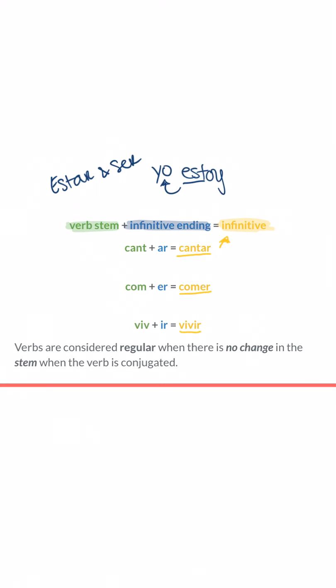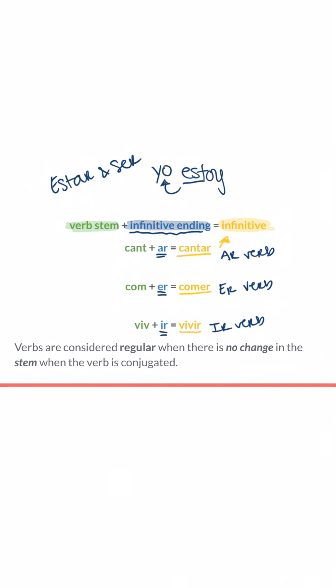The infinitive ending right here will always be the last two letters of the verb. So for cantar, for example, we have the AR verb ending, making it an AR verb. For comer, we have the ER infinitive ending, making it an ER verb. And finalmente, para vivir, tenemos IR, making it an IR verb.